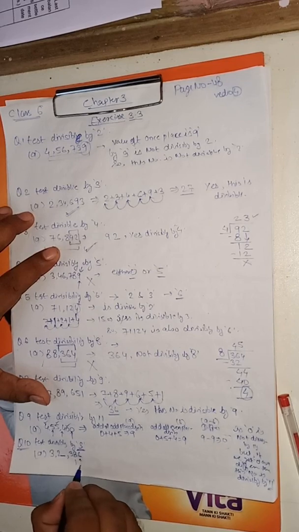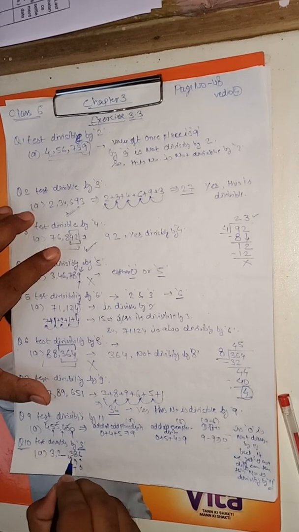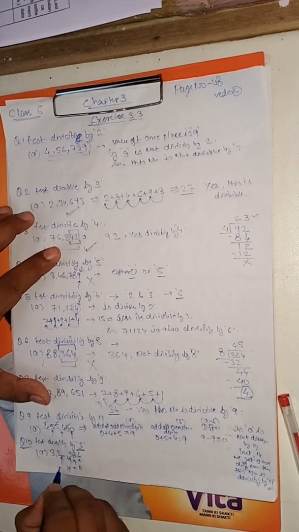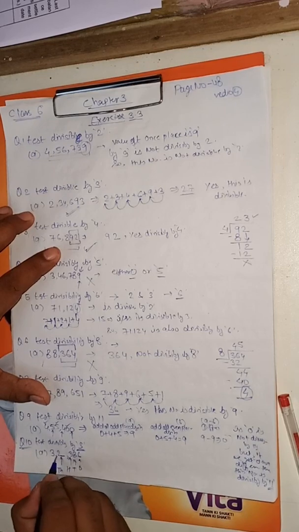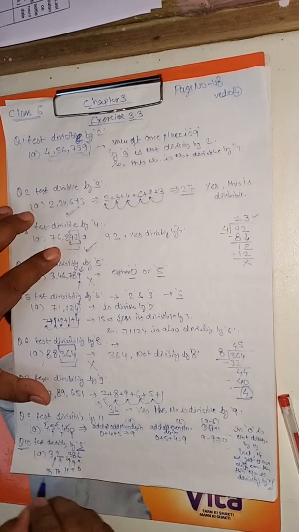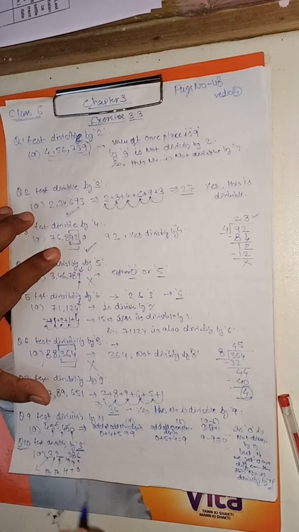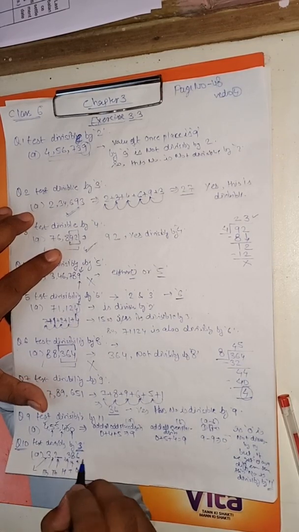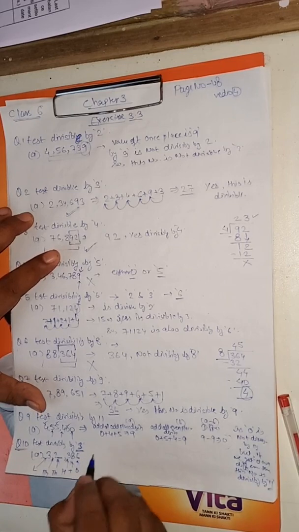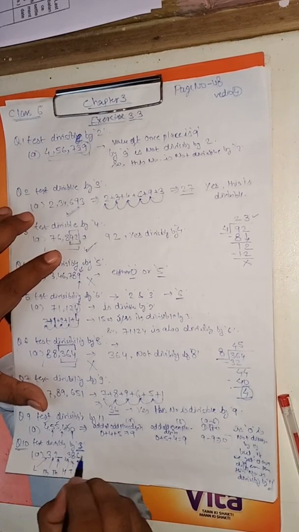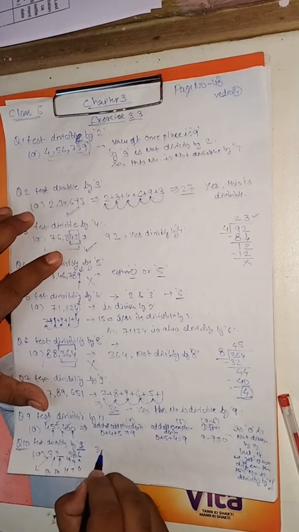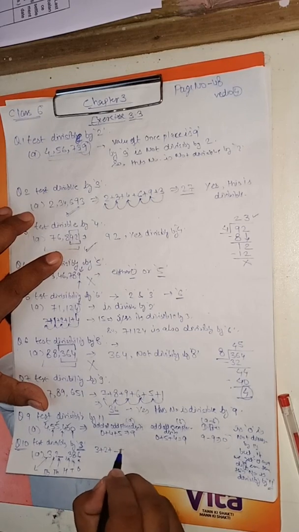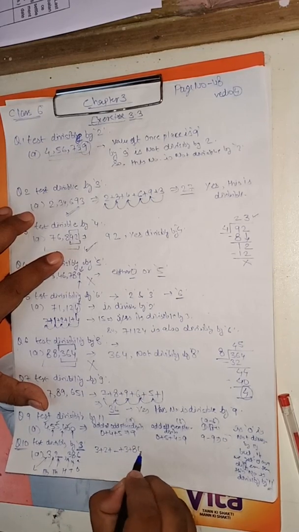Ones, tens, hundreds, this is thousands, this is ten thousands, this is lakh. So for divisibility by 3, we sum all the digits, right? So here we are going to sum all the digits. 3 plus 2 plus the missing digit, which we don't know, plus 3 plus 8 plus 6.